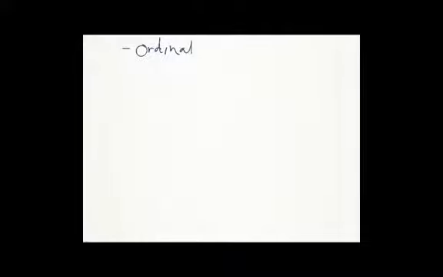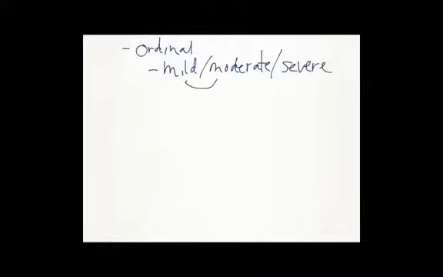We want them to categorize that, and they might say, well, is it mild pain? Is it moderate? Or is it severe? And so you can see that moderate pain is more than mild, and severe pain is more than moderate, and so on. There's a natural ordering to these groups. So this is what we call an ordinal variable.